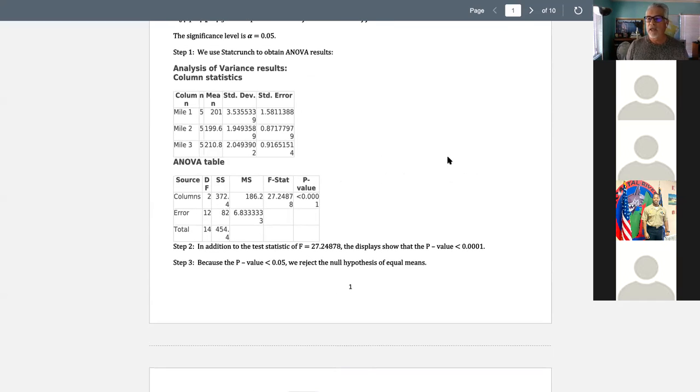All right, so let's imagine that we performed a test with a test statistic in analysis of variance. The test statistic is called the F distribution. So what StatCrunch will give us are the means for each of the mile loops.